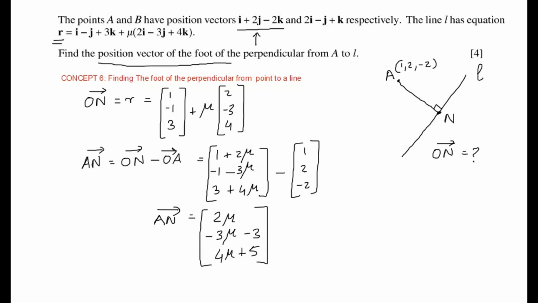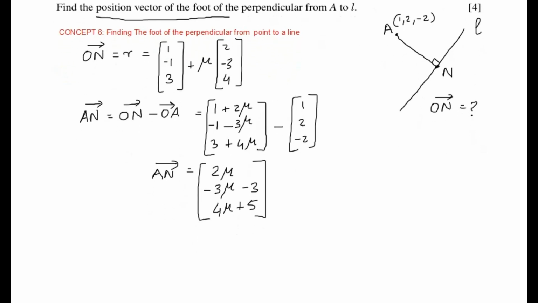Fine. So now we have represented ON in terms of mu. We've represented AN in terms of mu. Now, the one property that we can use here is that AN is perpendicular to the line L, which means their dot product is 0, right?